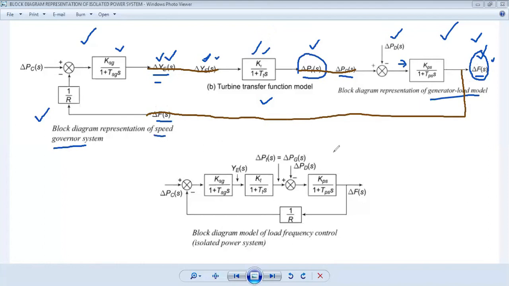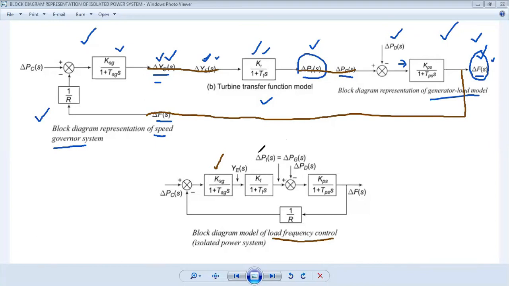Combining all this, you get the block diagram model of the load frequency control, LFC. It is KSG by 1 plus TGS, with delta Y of S as its output, and the same delta Y of S is the input to the turbine model, whose output is delta PTF.